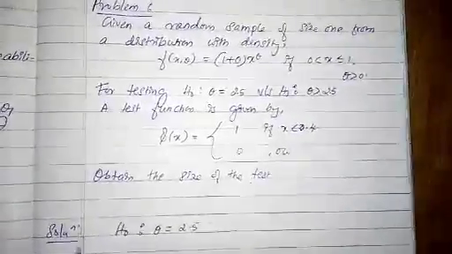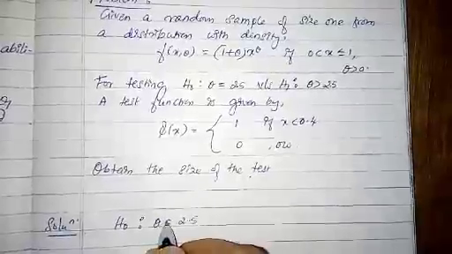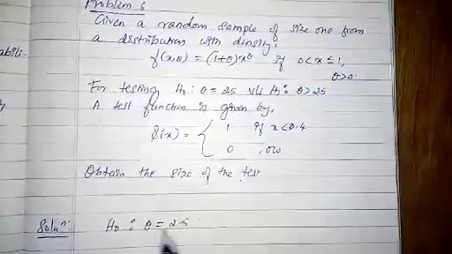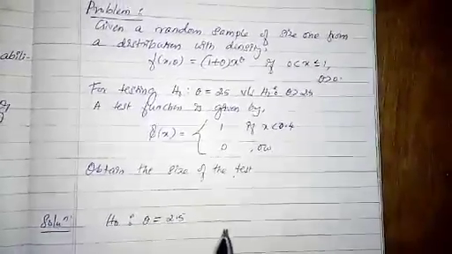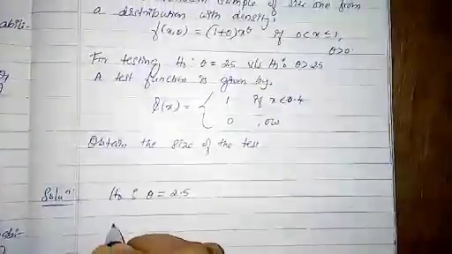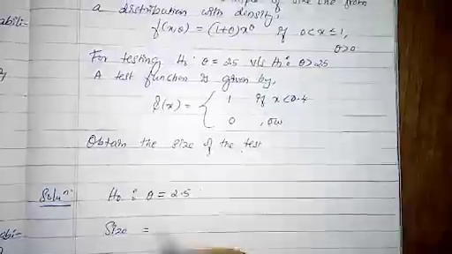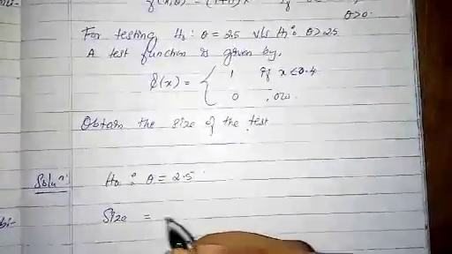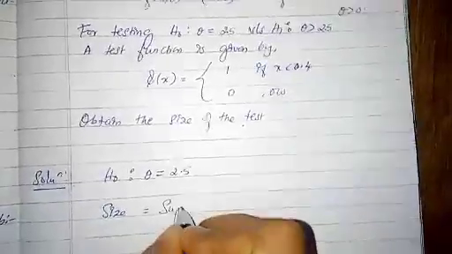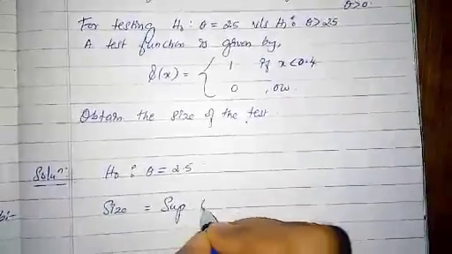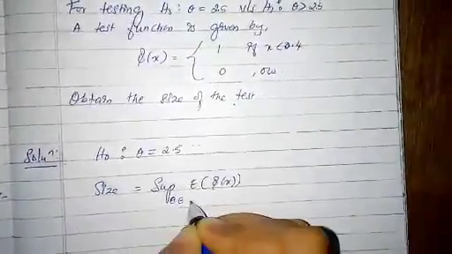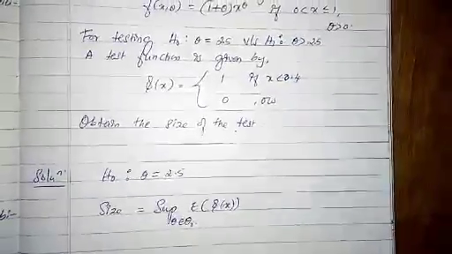So for that, first we have to write H0. What is H0 here? H0: theta equal to 2.5, right? Then here we want to obtain the size of the test. We know what is the definition for size? Size equal to supremum value of expectation of test function under theta belongs to theta naught, right?